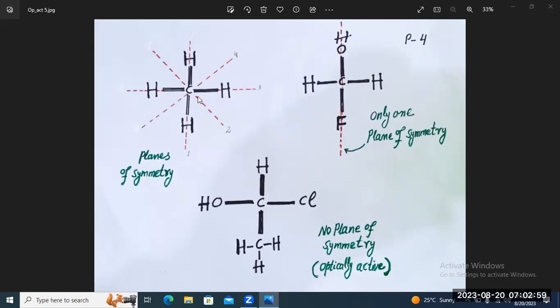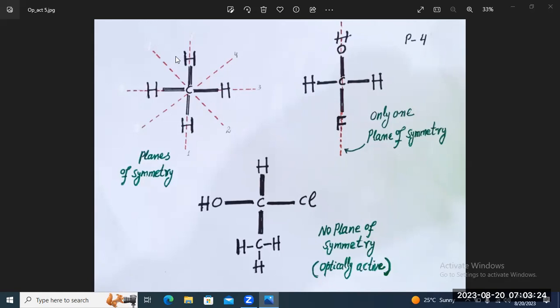Similarly, you can cut this molecule from here to here, and then after cutting, you will get the same two halves. Similarly, if you cut from here, you will get the same two halves. If you cut from here, you will get the same two halves of this molecule.